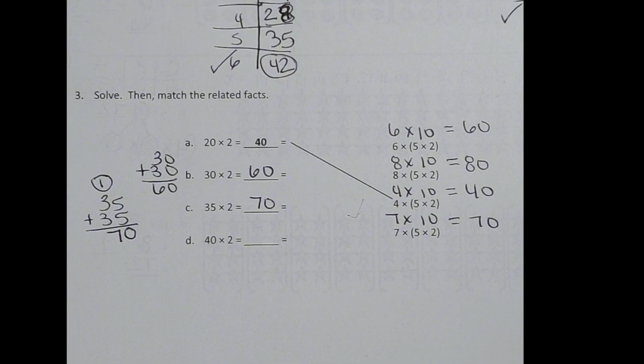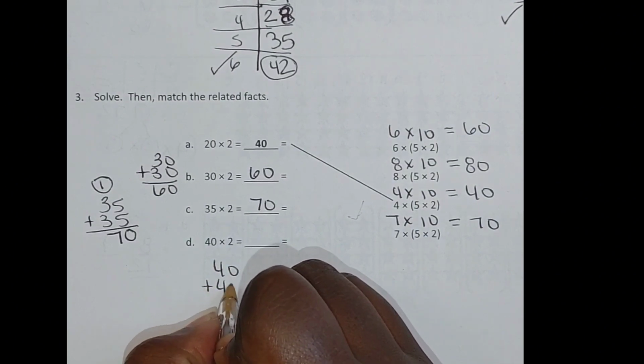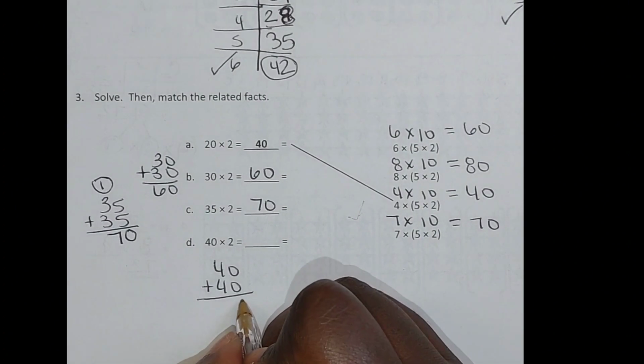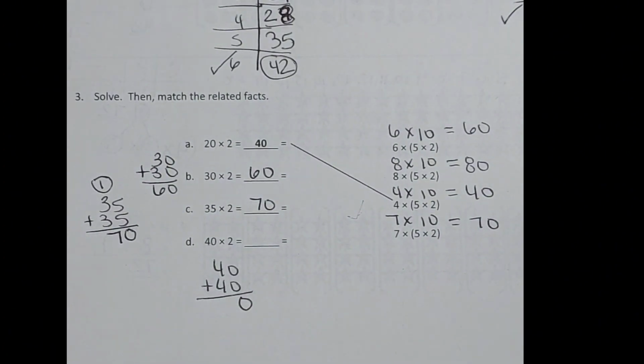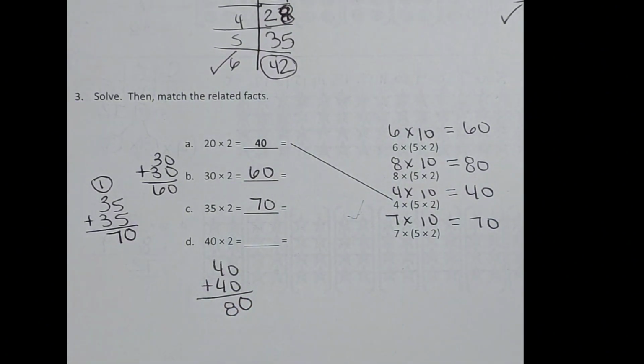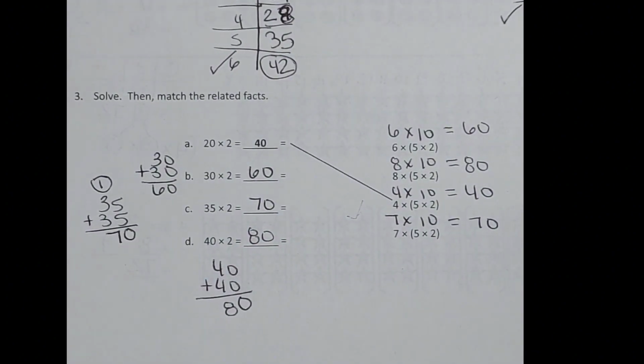And 40 times 2 is the same thing as saying 40 plus 40. 0 plus 0 is 0. 4 plus 4 is 8. So that means that 40 times 2 is 80.